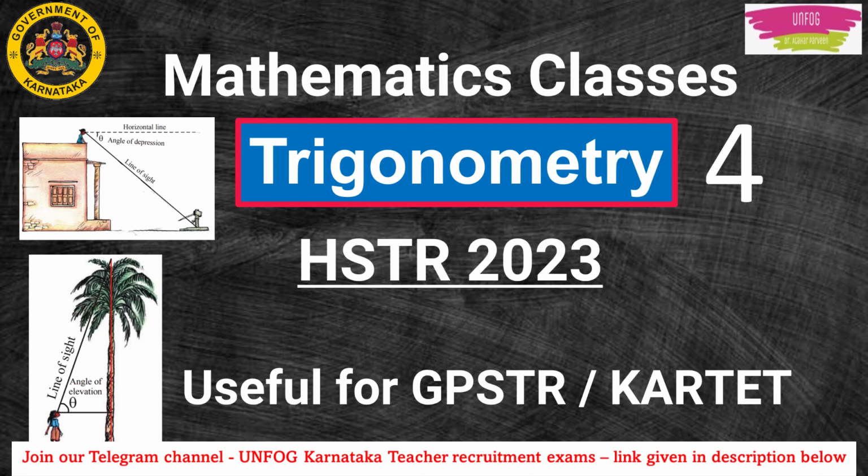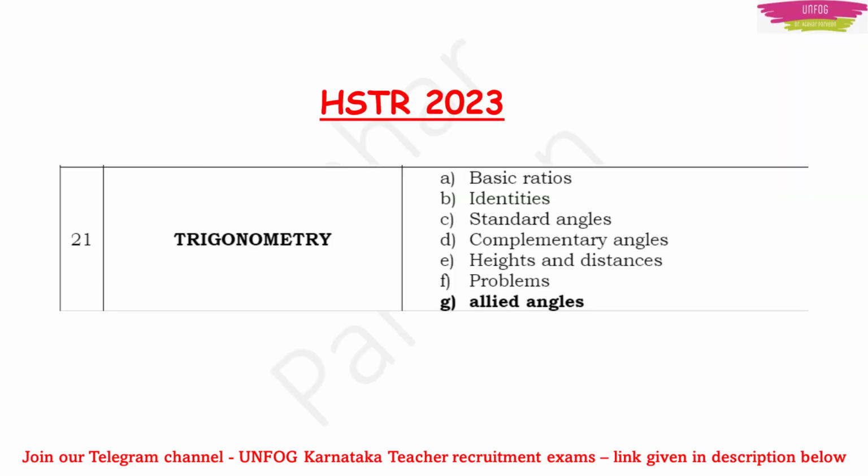Now this class is a trigonometry class and it is a part 4 lecture based on the HSTR syllabus, and of course it is very much useful for GPSTR and Karnataka TET examinations also. I have previously taken 3 classes based on trigonometry where I discussed topics like basic ratios, identities, standard angles, complementary angles, allied angles and problems based on that.